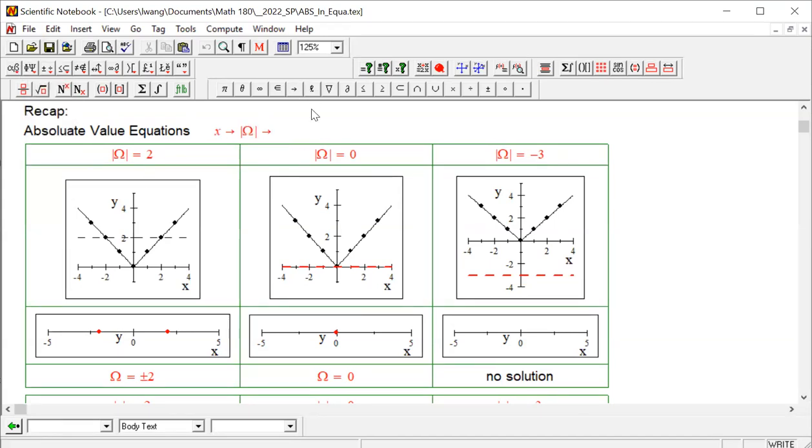It produces an output, and this output is known. The output could be positive, zero, or negative. In each of these cases, what do we expect from the function perspective and the definition perspective? We did that for absolute value equations.